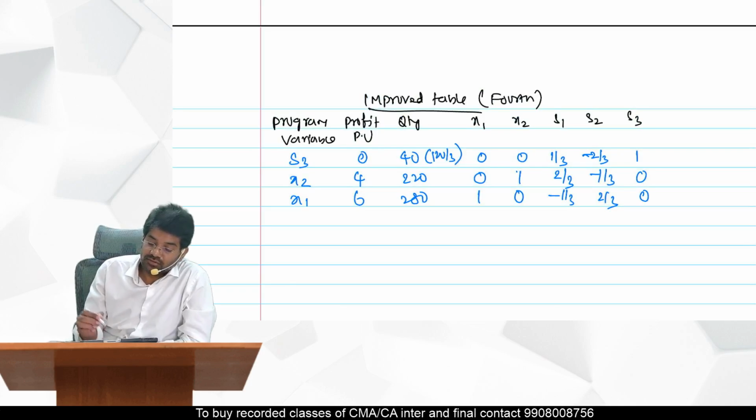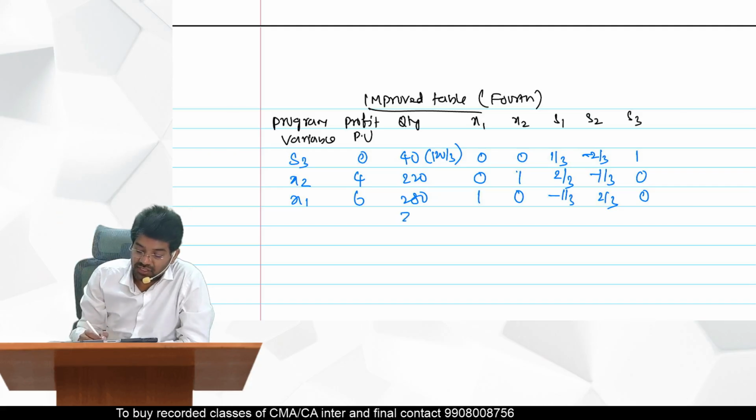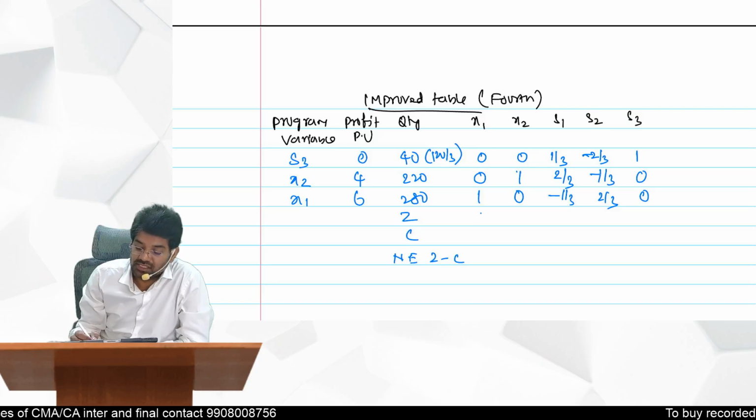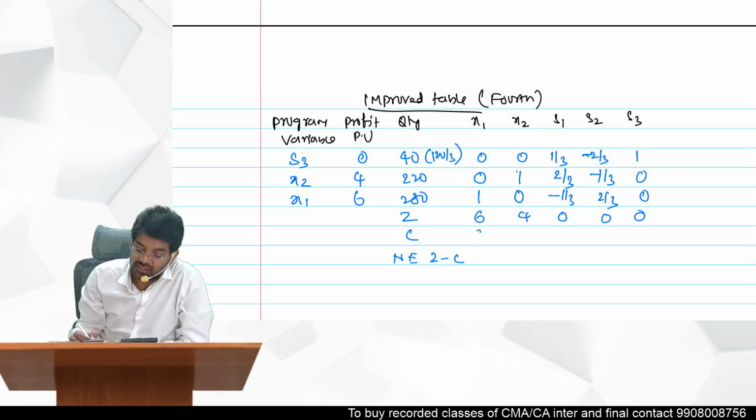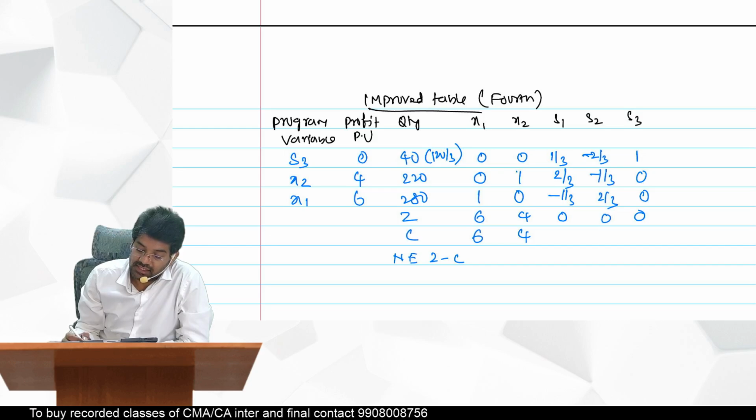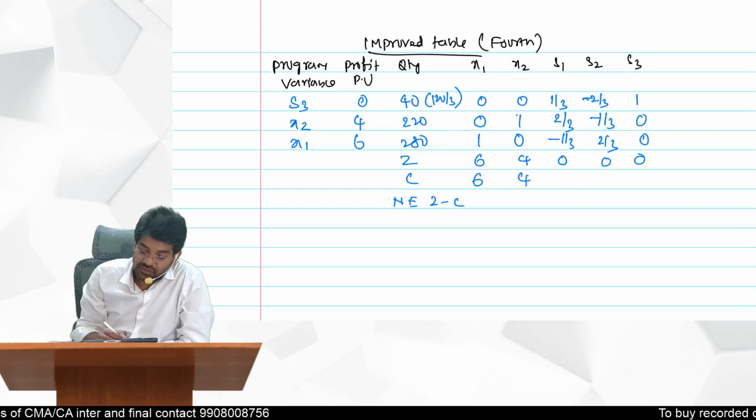So now what you should do immediately is calculate the Z value, the C value, then the net evaluation Z minus C. The Z value is nothing but the objective function values only. C is the computed value. How do you get the computed value? Profit per unit into this one. 0 into 0, 0. This is 1 into 6, 4. This one 1 by 3 into 0, 0. 2 by 3 into 4 is 8 by 3 plus... so 0.